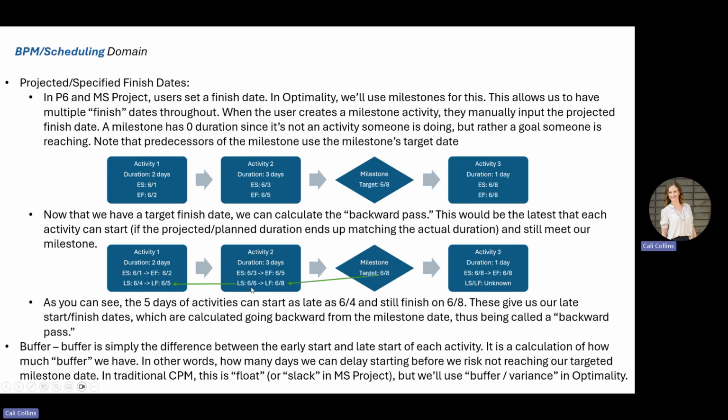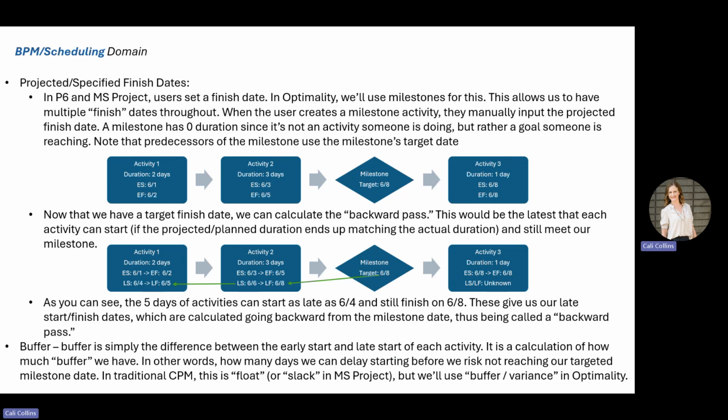We subtract 3 days from it, so it can start on the 6th, and therefore activity 1 should finish on the 5th, and it can start on the 4th. As you can see, these 5 days worth of activities in activity 1 and 2 can start as late as the 4th, and they're still able to finish by the 8th, which is your milestone's target date.